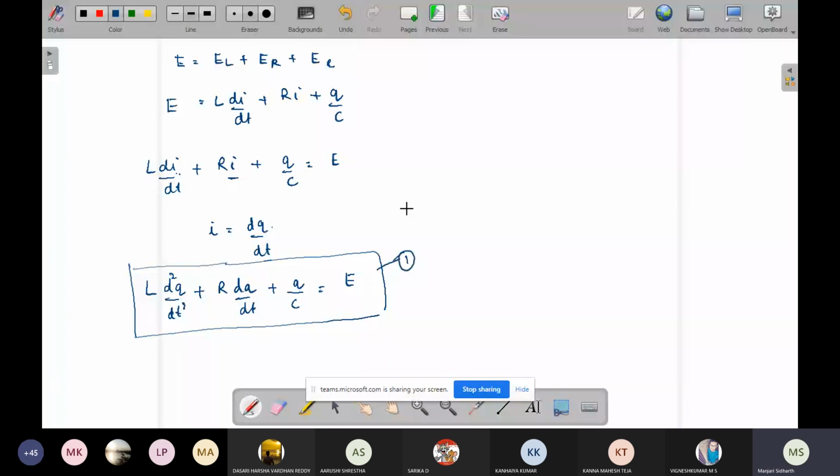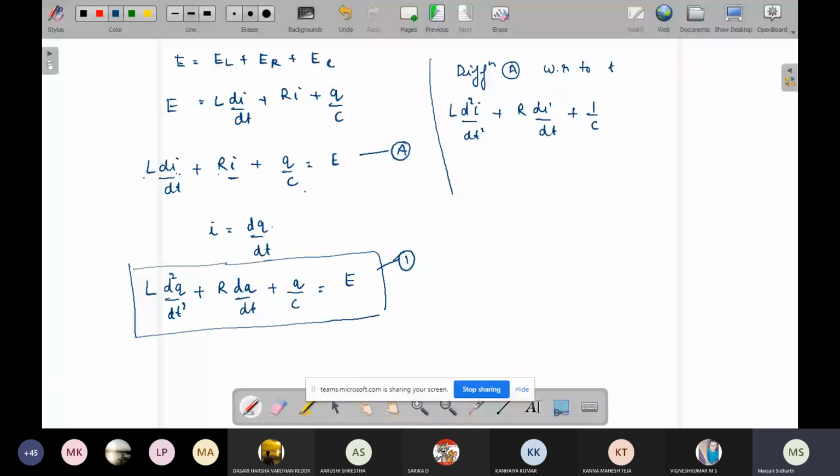Now if we want a differential equation in terms of current, what we do here is take this as equation A and differentiate A with respect to t. So you will get L d2I by dt square plus R di by dt plus 1 by C times dq by dt. Now Q, the charge, depends on t, that means it is not constant.